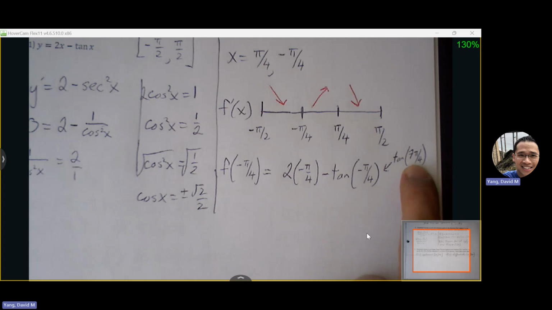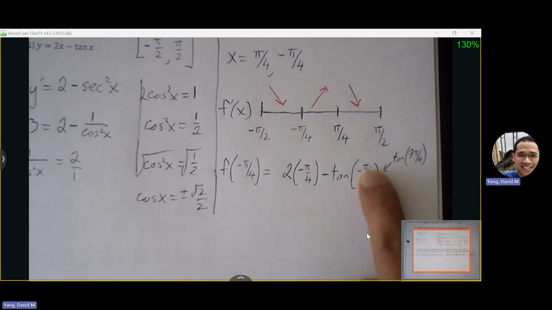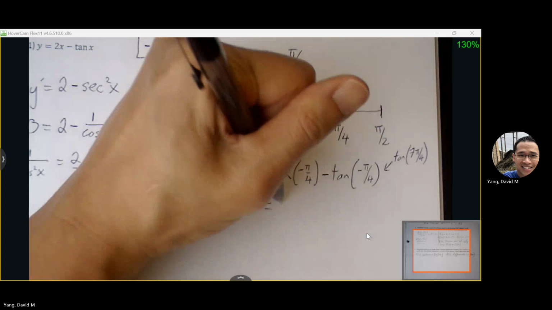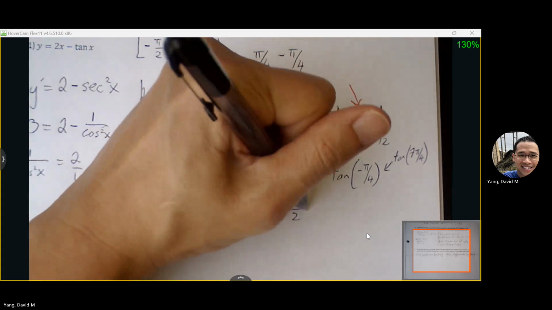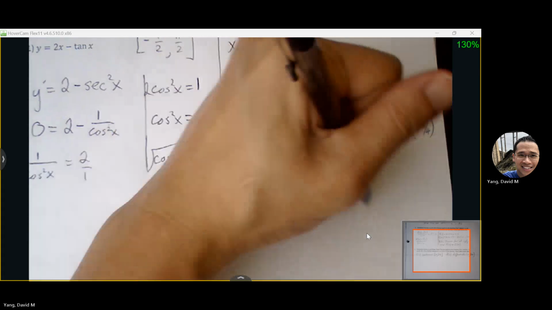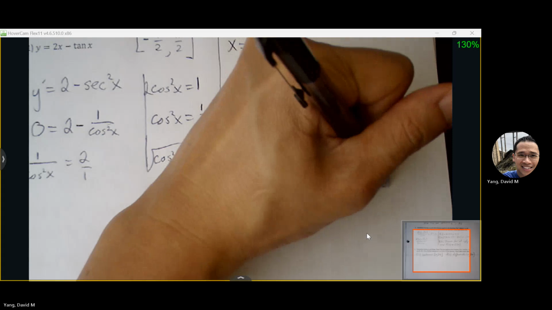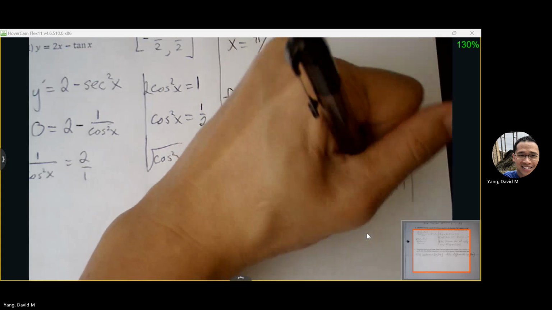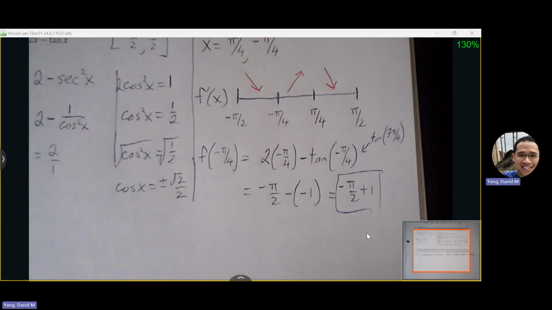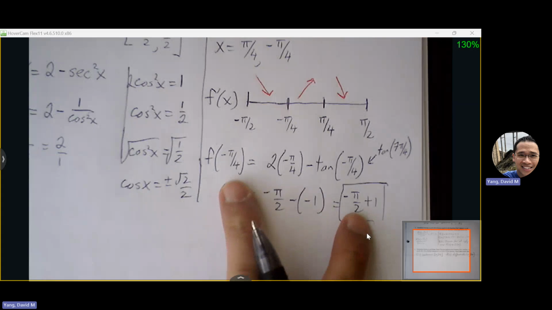The sign is going to be negative here, but it's going to be basically root 2 over 2 and negative root 2 over 2, so it ends up giving us negative 1. So we have the location of our relative minimum ordered pair here.